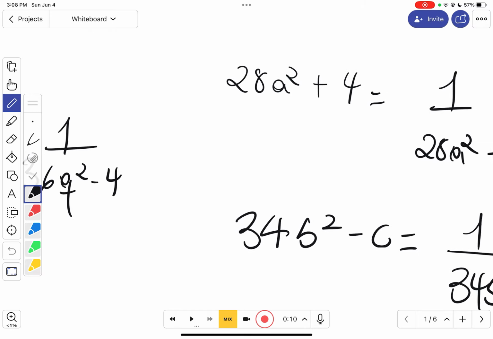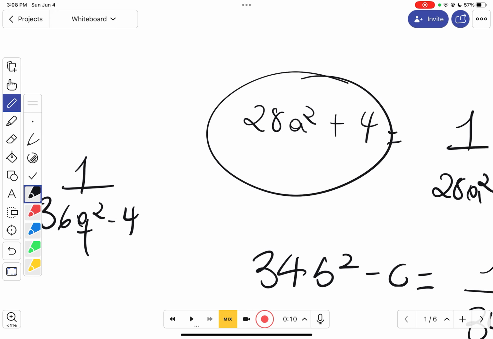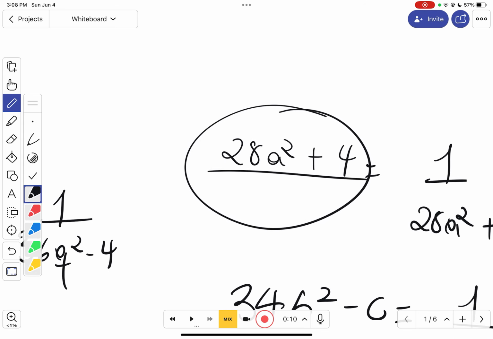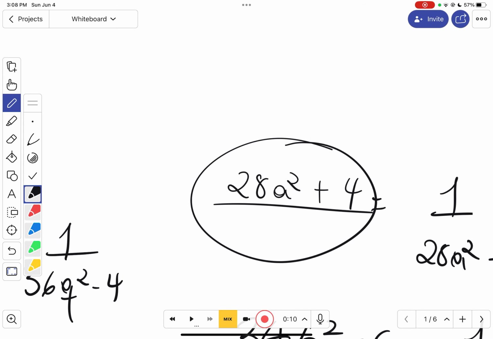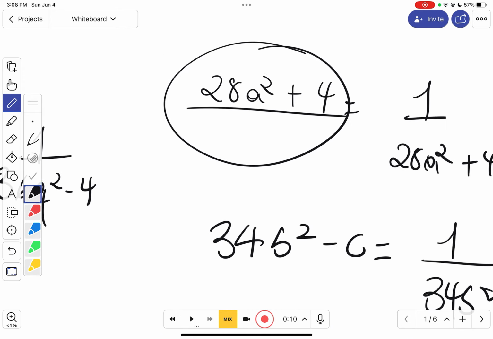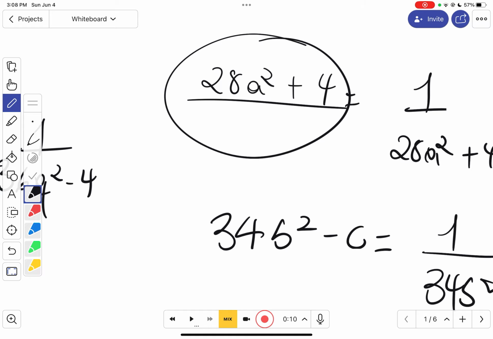If you have the expression this way, that just means there is an invisible 1 that they don't put, which is not mathematically a problem, because there's no need to actually put the 1. I just wanted to make you aware of the 1 so that you know why I flipped the rational expression the way that I did.